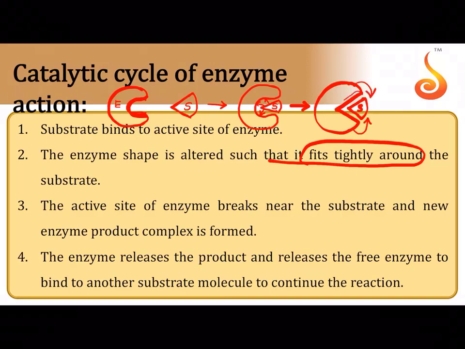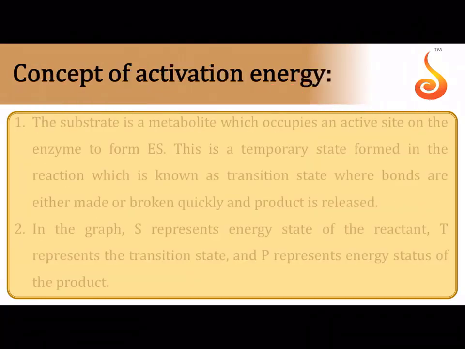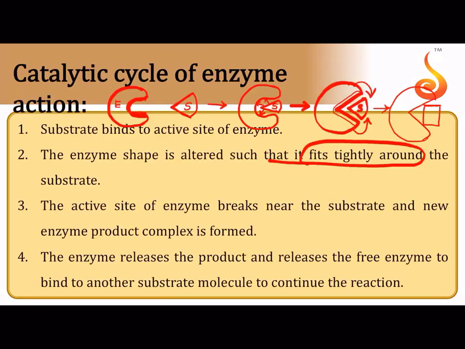Now what happens? The active site of the enzyme will bring about changes in the substrate molecule. So now ultimately the substrate will become what? The substrate will now become product. Isn't it? It becomes a product because the active site is bringing about changes in it, and then finally the product will be set free.